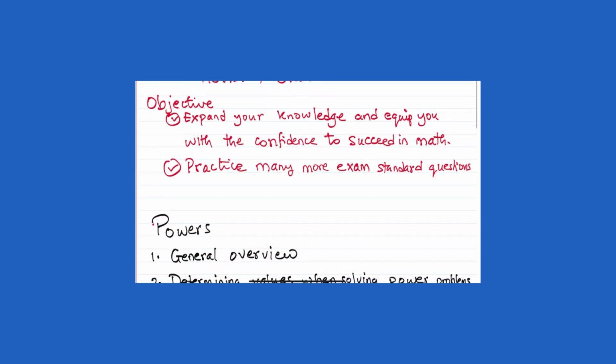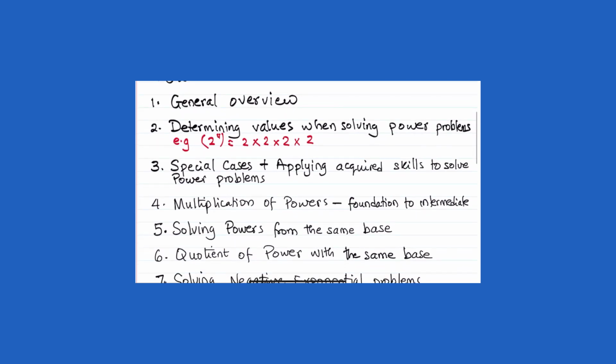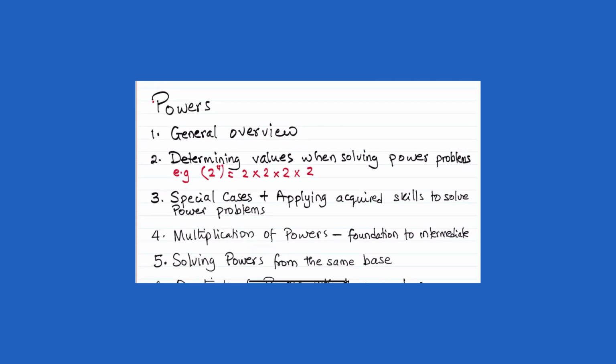So just to recap some of the things that we have talked about when we were learning about powers. We talked about the general overview of the concept, powers and roots, and how to determine values when we are solving power problems, like 2 to the power of 3 and 2 to the power of 4. You multiply 2 four times, and you understand the power and you understand the base. We examined special cases and how to apply the knowledge that we acquired from the laws to solving all these power problems.